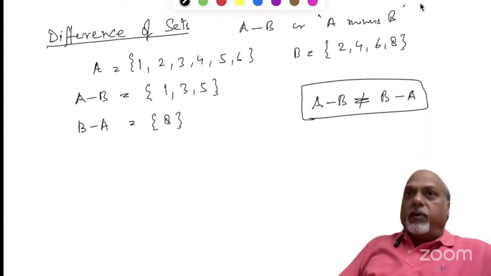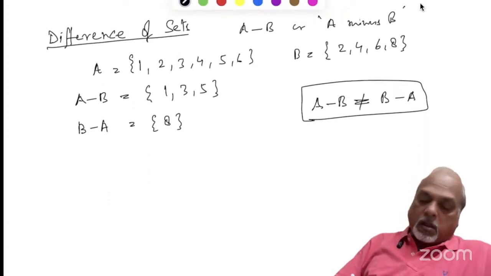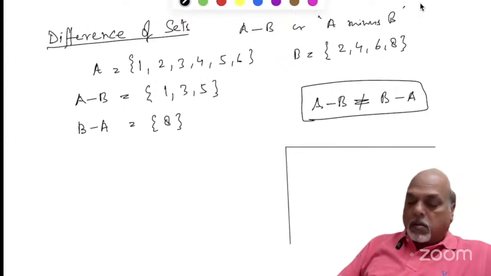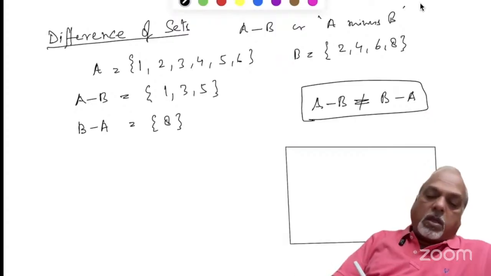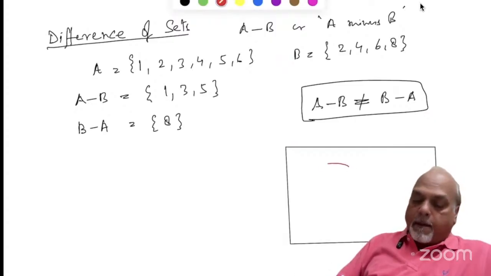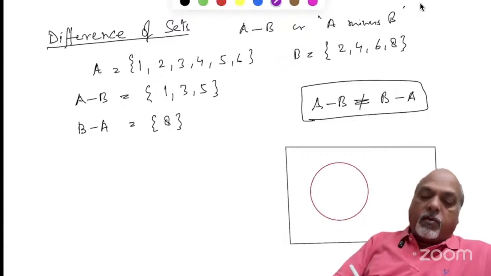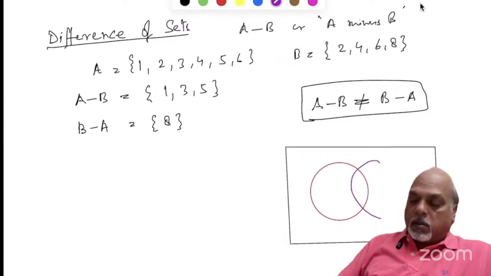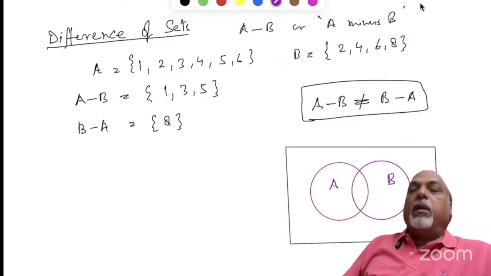Now, in the Venn diagram, suppose you have A and another one, you have B. So this is your A, this is your B. Some elements are common to them.